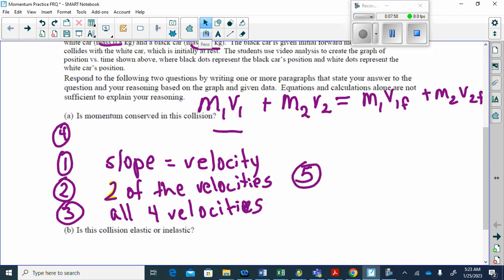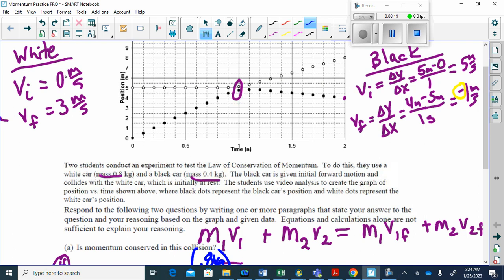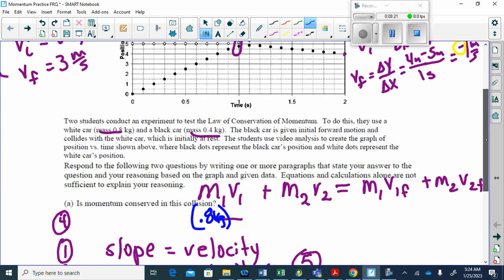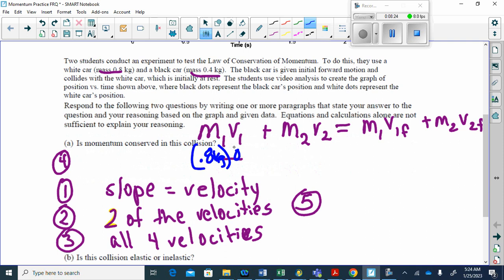So if we come over here, and let me do this in blue, the mass of the white cart is 0.8 kilograms, and the velocity of the white cart initially is 0. So we could have just written 0 right here. And this cart is 0.4, and its initial velocity, it actually had a velocity of 5 meters per second before, I think.